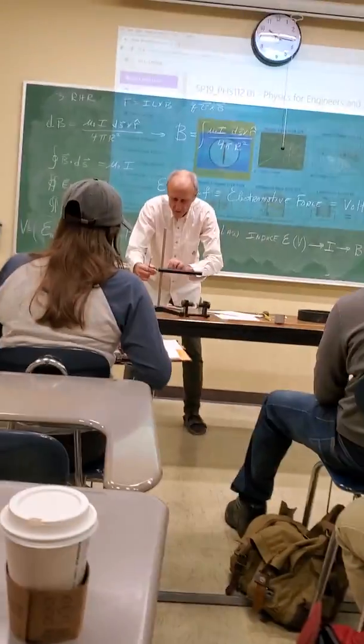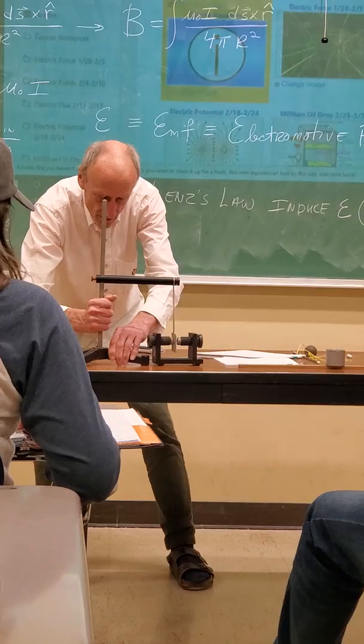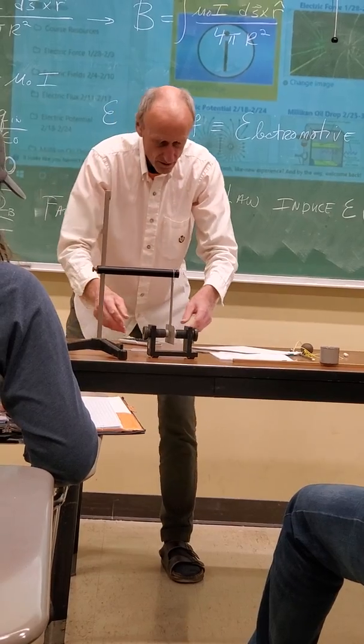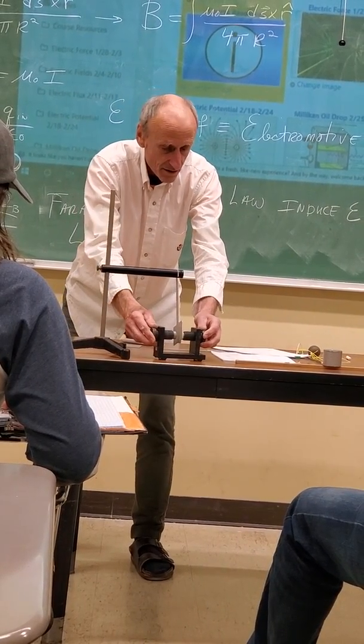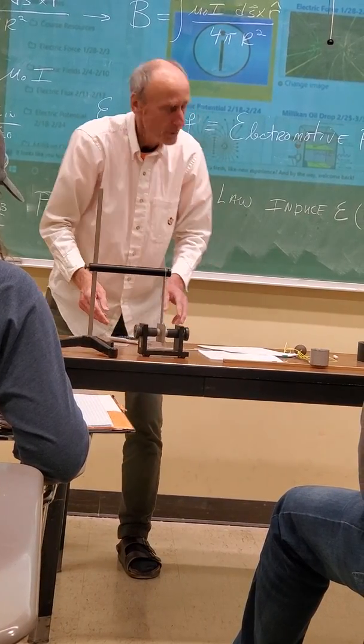It's another way of seeing it, and it's loose. So if I try to take the magnet away, the thing wants to stay inside. It doesn't want to leave. Well, it's not so much it doesn't want to leave.